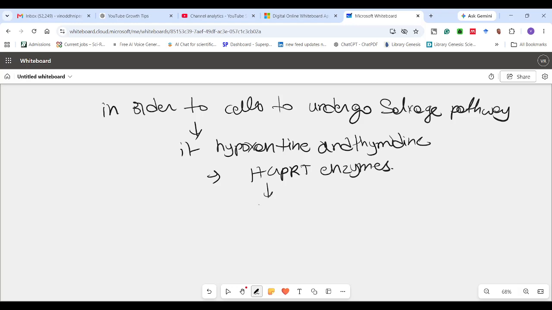This all leads to conversion of nucleotides for DNA synthesis.